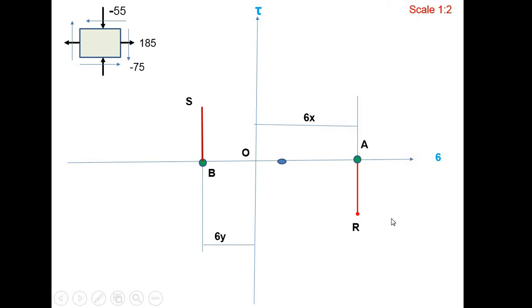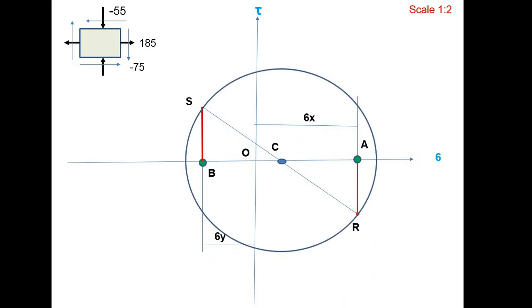Then join this R to S, and for the intersection point give the name C, that is our center point for the Mohr circle. Then draw the Mohr circle with a radius equal to CS or CR.